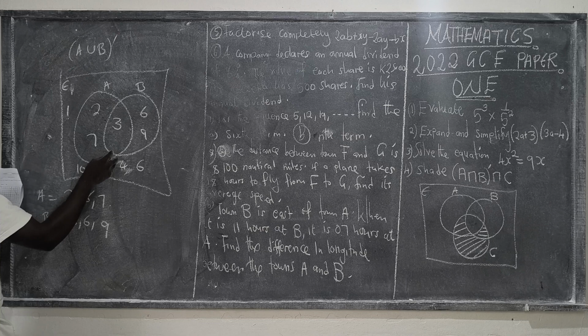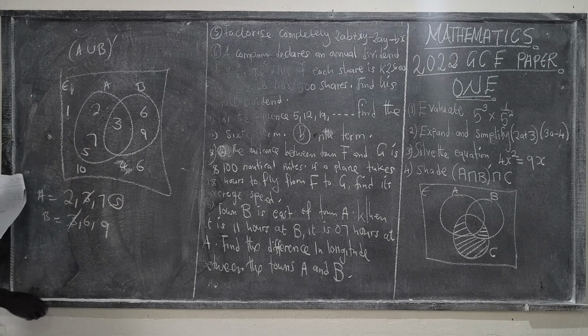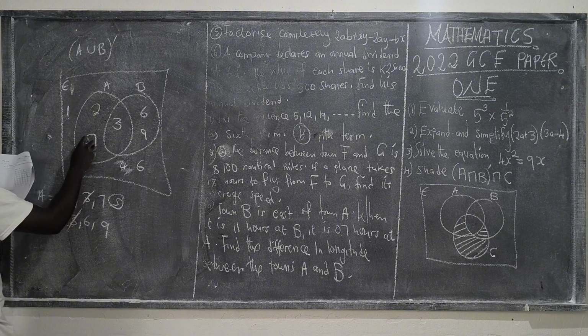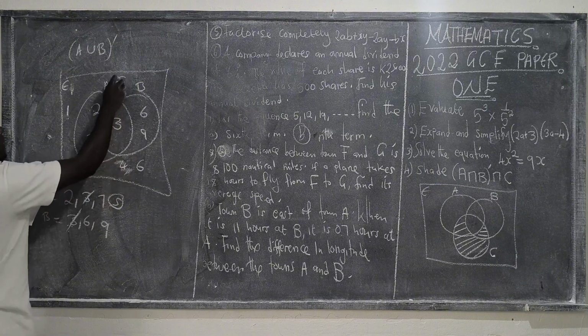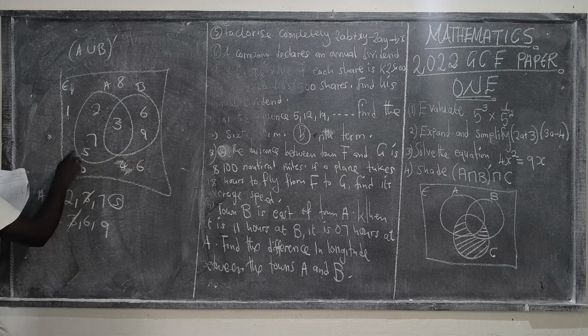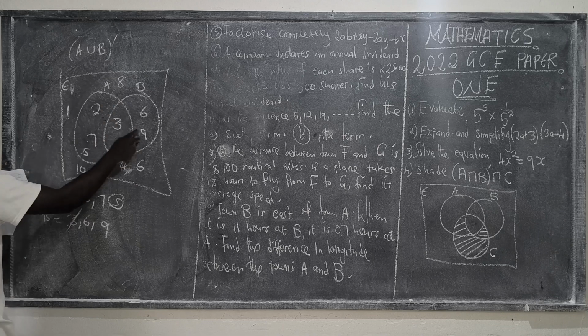Where's my 5? We have forgotten a 5 in A, prime numbers. 5 is also a prime number, so 5 should appear here. So we have 1, 2, 3, 4, 5, 6, 7, and the 8 is missing, so 8 will come outside, and then we have 9 and 10.